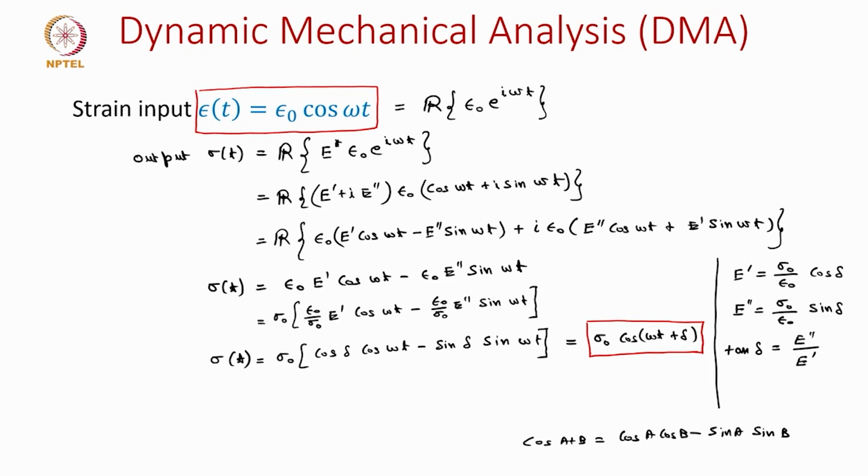And more importantly, on this slide we have defined the storage modulus in terms of delta and sigma naught by epsilon naught. Similarly, the loss modulus is also given by this sin delta, and tan delta is simply the ratio of the loss modulus to storage modulus.